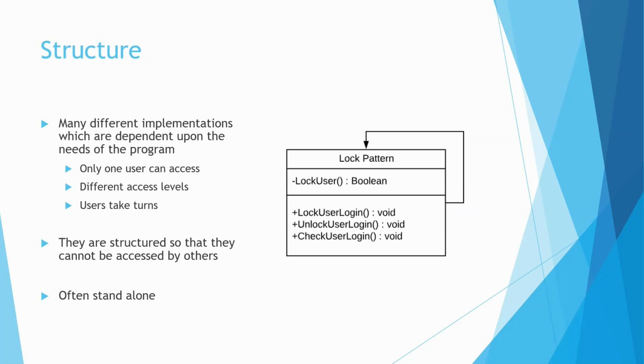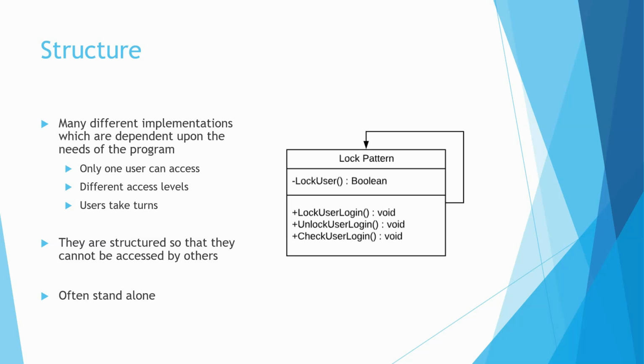The structure of the lock pattern has many different implementations which are dependent upon the needs of the program. For example, where only one user can access, only one user is allowed to log in at a time. This is to prevent overwriting.